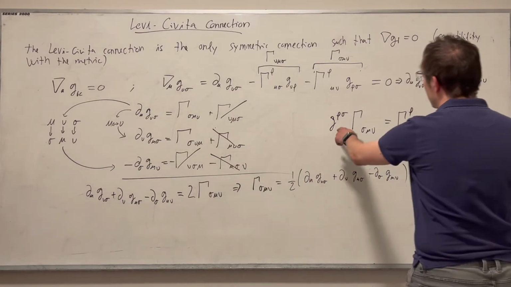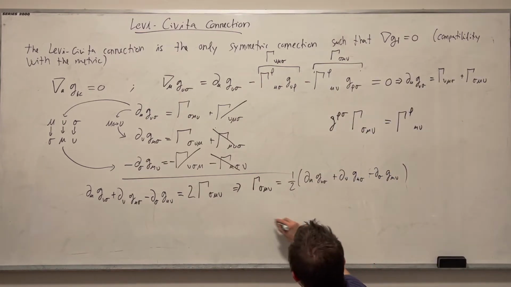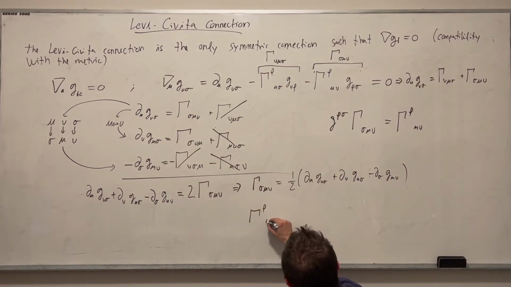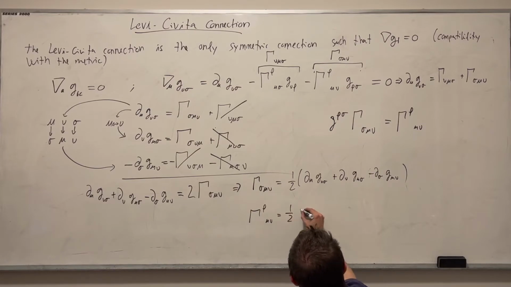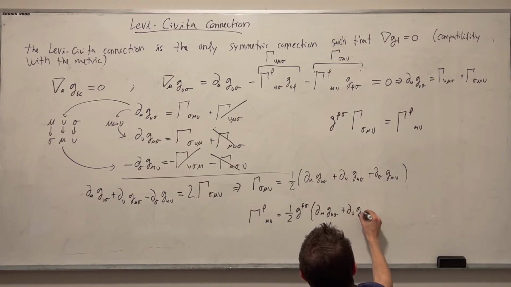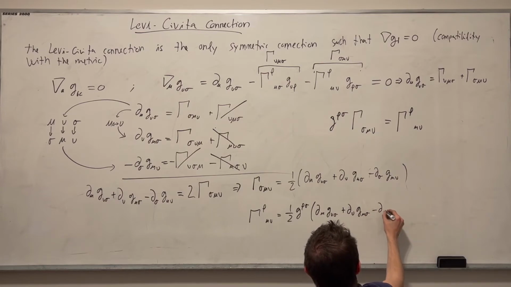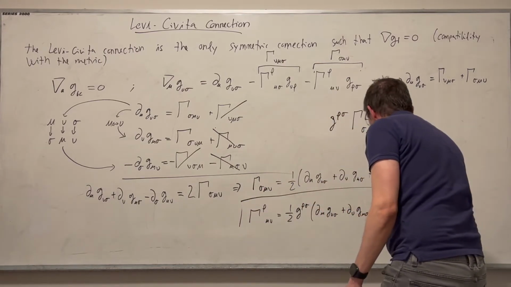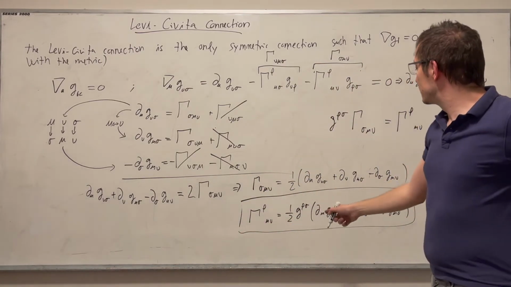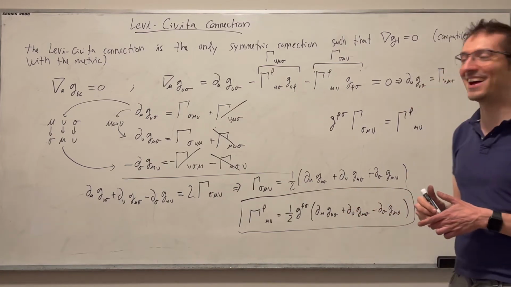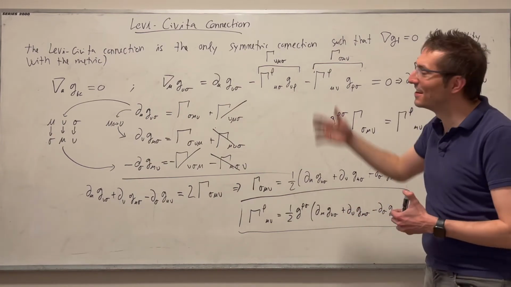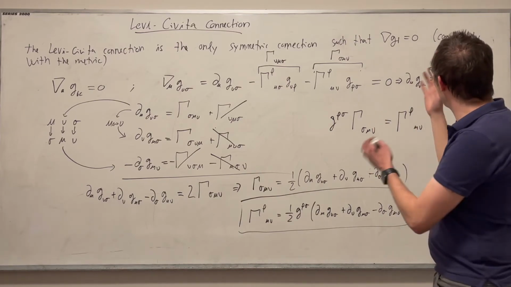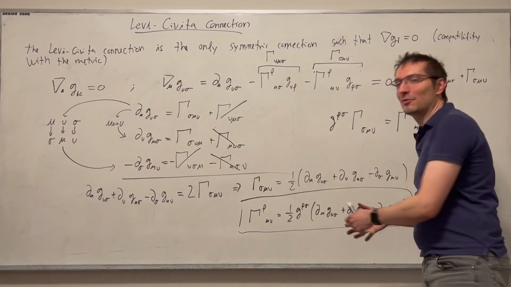So we multiply by g rho sigma both sides of the equality, and we get on the left gamma rho mu nu equals 1/2 g rho sigma of partial mu g nu sigma plus partial nu g mu sigma minus partial sigma g mu nu. And these are the coefficients of the connection uniquely determined through the metric and its derivatives. So this is the proof that there's only one connection that satisfies the equation.